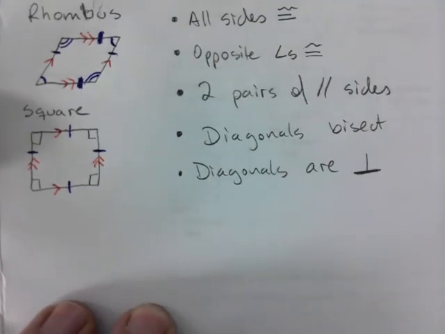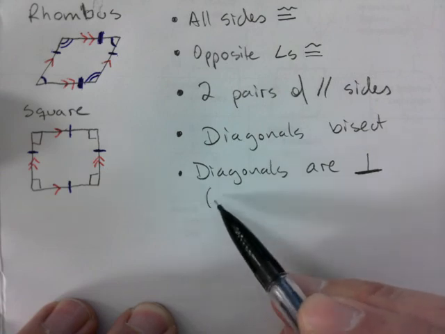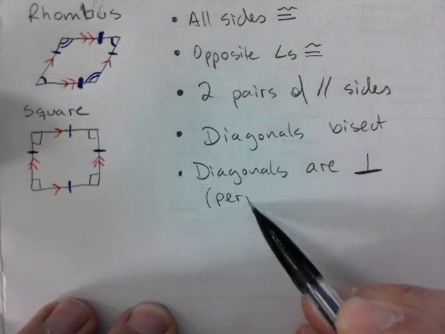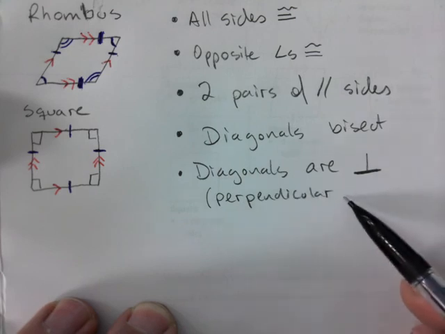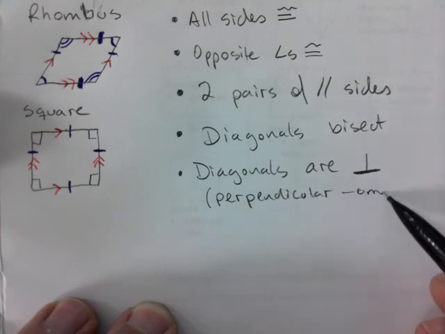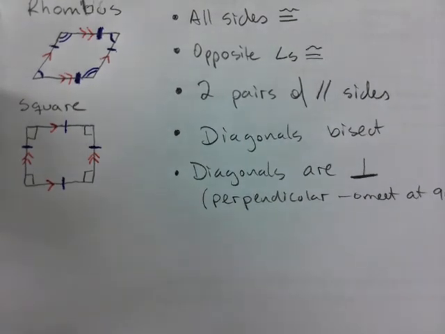What does perpendicular mean? They meet at 90. Meet at 90 degrees. Sorry, you can't see that, can you?